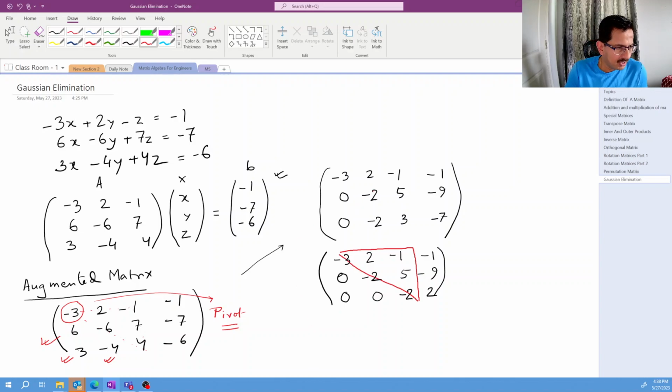Okay, and what is the advantage of this? Now if we are using this matrix, if you write this equation, so what will happen?